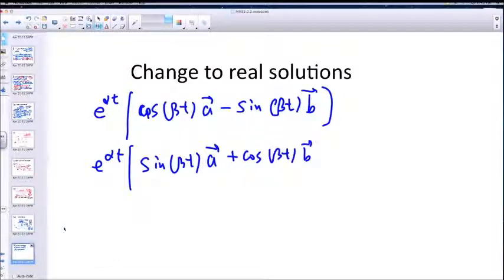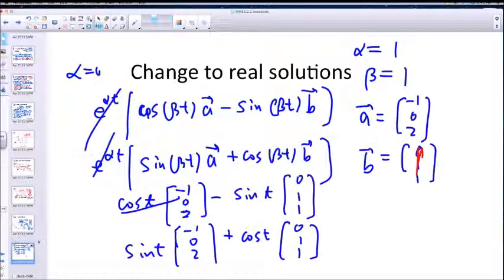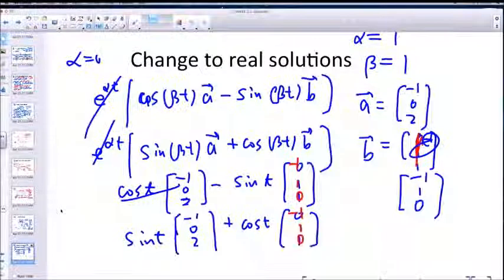And what is your beta? Your alpha equals 1, beta equals 1, if I remember right. This is negative 1, 1, 0. I copied it wrong. So change this into negative 1, 1, 0, negative 1, 1, 0. Now we check.